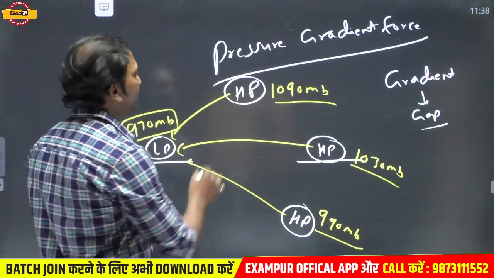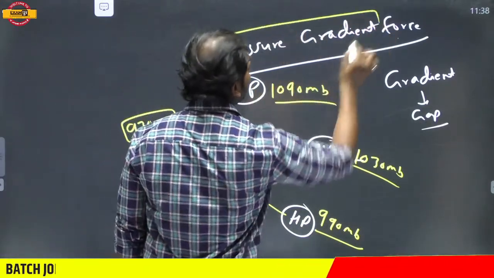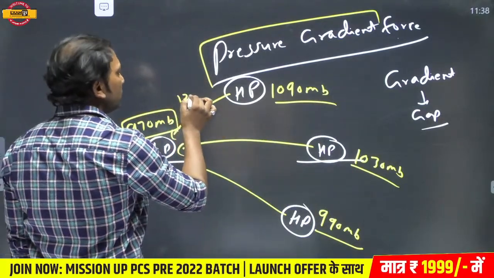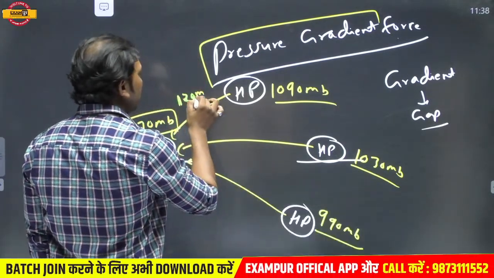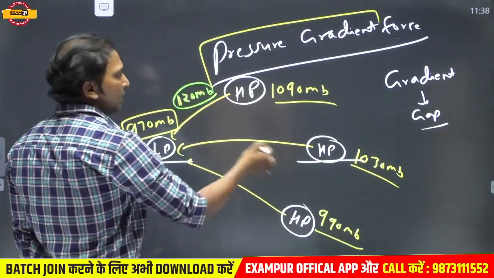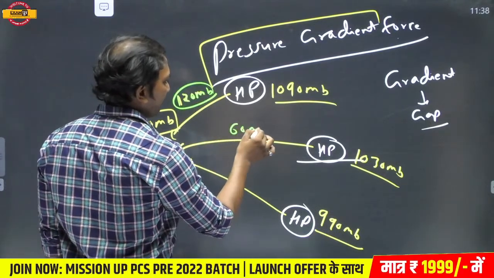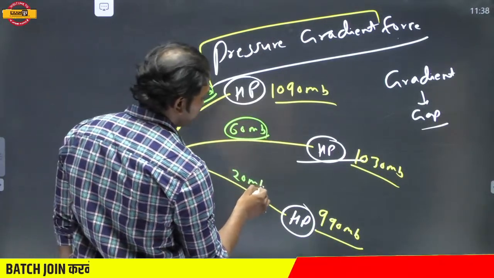The gap between these two pressures is the so-called pressure gradient. So the gradient here is 120 millibar. This side is 60 millibar. And here it is only 20 millibar.